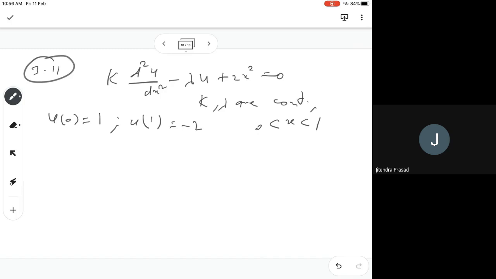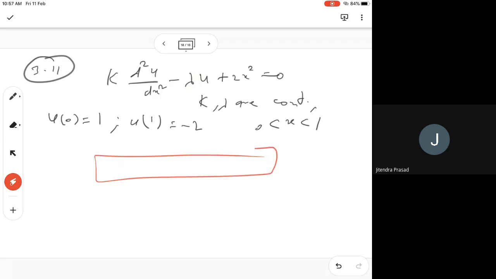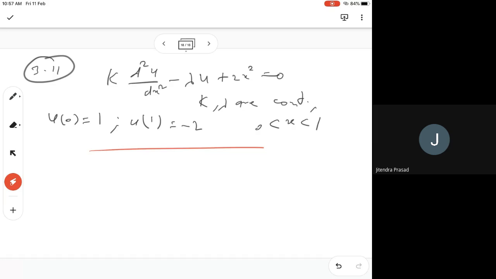In a heat transfer problem, we said there is no heat transfer from the surface, but if the surface is not coated, for example, and heat transfer is going on from the surface, then this kind of equation can come into the picture. Okay, so let's do it.